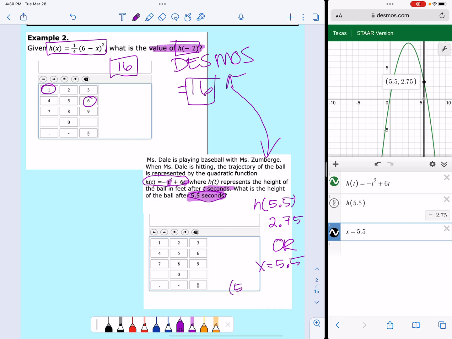So it's 5.5 comma 2.75, which is the same answer we got above. So either way, you just have to know how to set this up. Or you can do x equals 5.5.